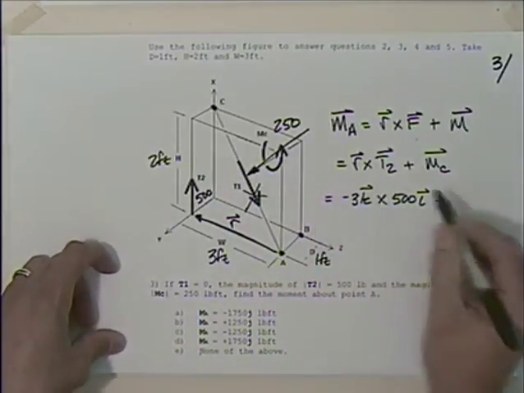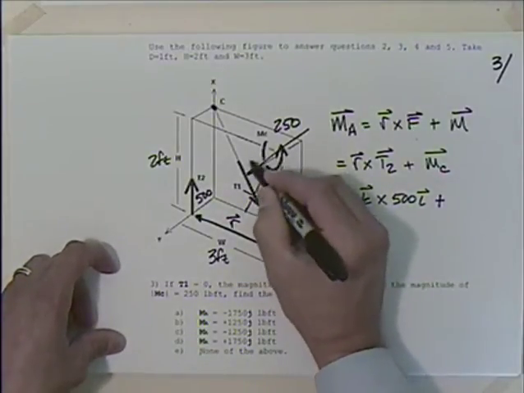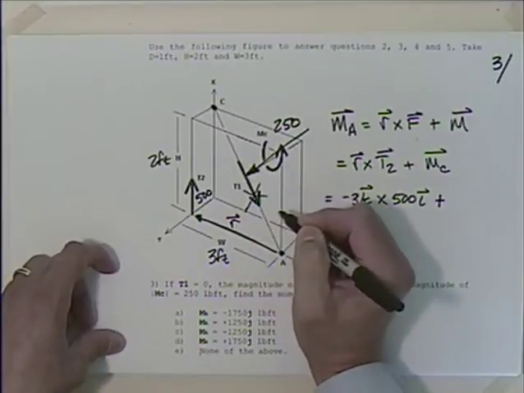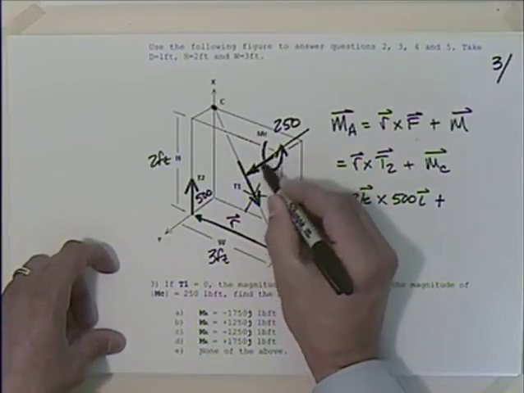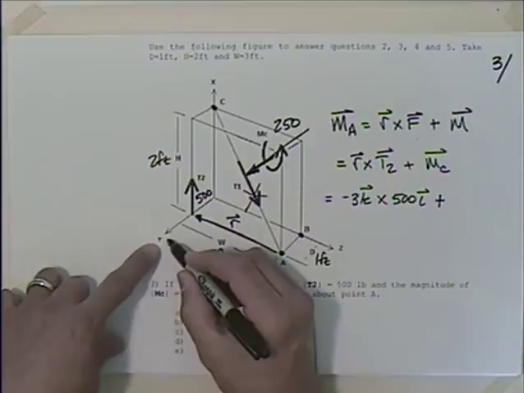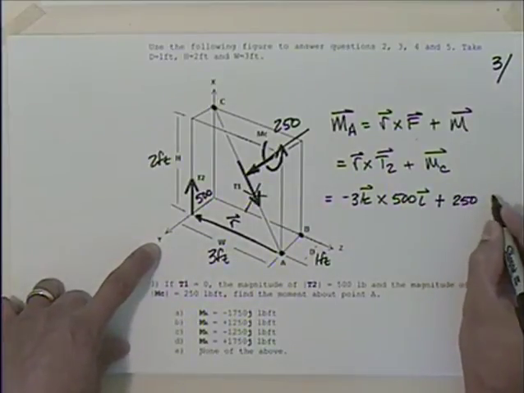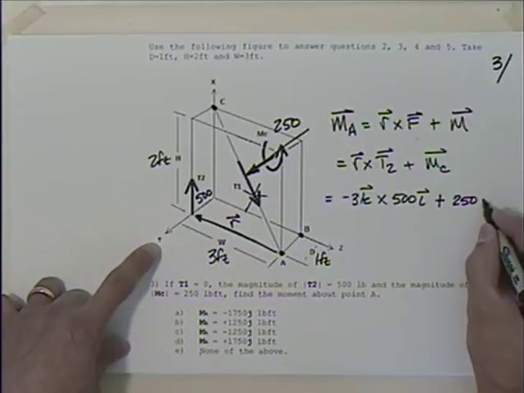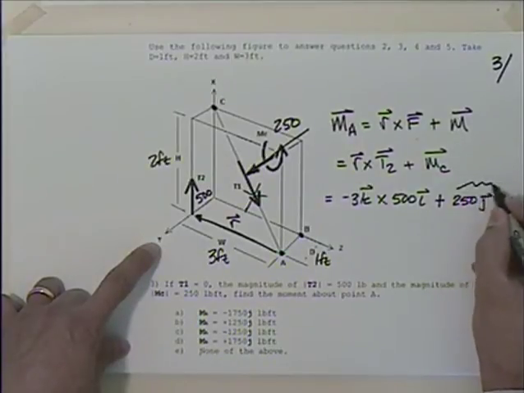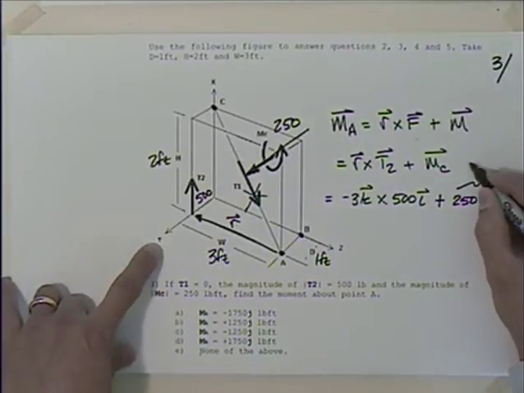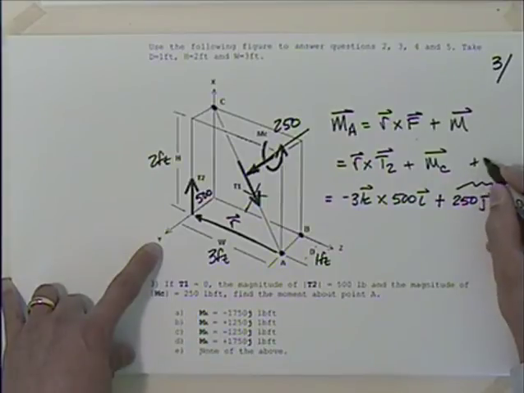So if I were to write M sub C, there is the direction of that moment. So it's in the positive Y direction. So I could say that this is 250 in the Y direction, the J direction.